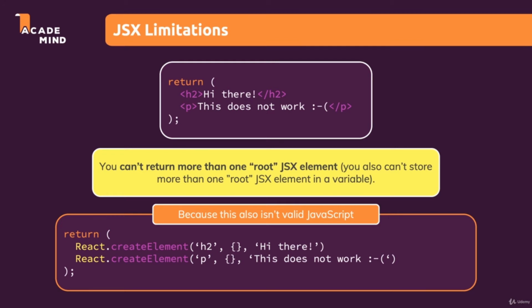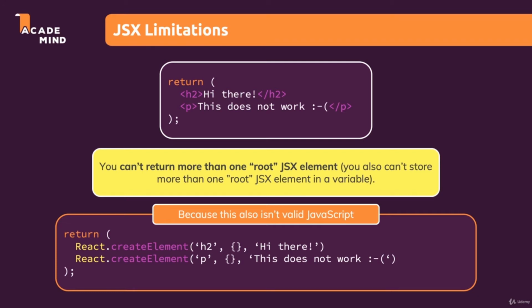And that's something I had a closer look at in the basics module, where we explored how JSX translates into React.createElement calls. But because of that natural limitation of JavaScript, we must only have one root JSX element.